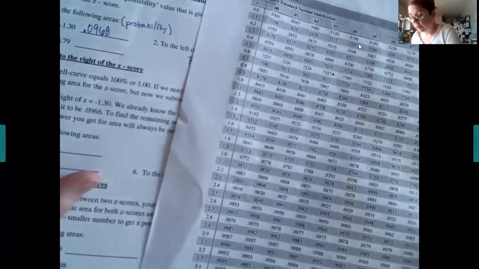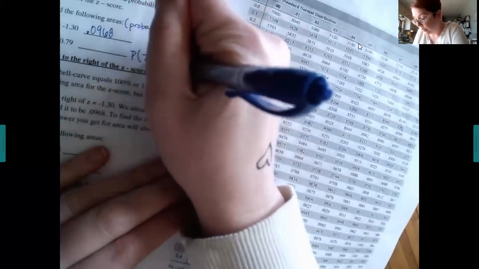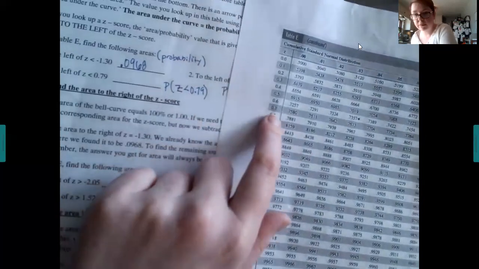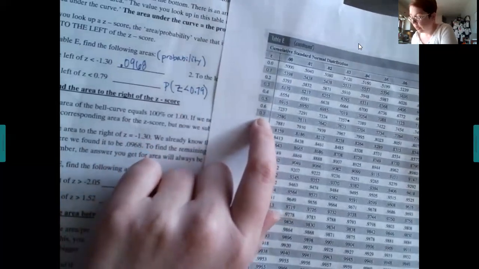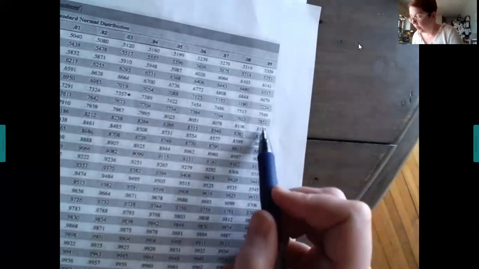And then lastly, to the left of 0.79, you might see it like that, less than. So our first two digits is 0.7, and it's positive, so we go to 0.7 right here. And then the second digit after the decimal is 9, so we go all the way over, and we're at 0.7852.